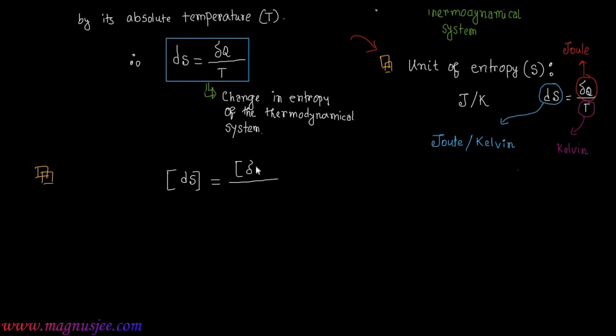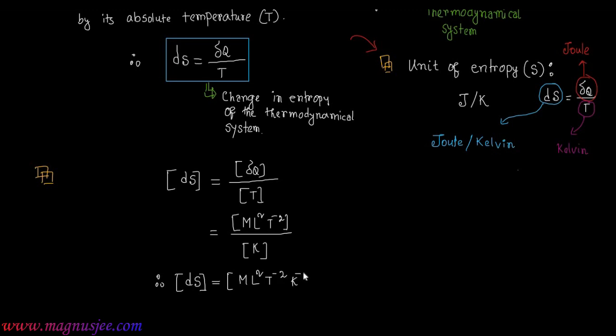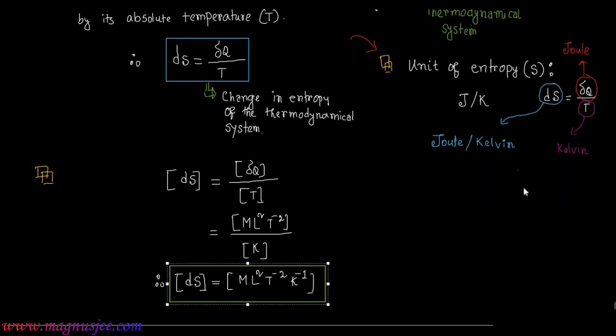Now if we find the dimension of dS, that will be dimension of delta Q divided by dimension of T. The dimension of delta Q is equivalent to the dimension of heat energy, which is ML^2T^-2, and it should be divided by the dimension of temperature, that is K. Finally we get the dimension of dS as ML^2T^-2 divided by Kelvin.